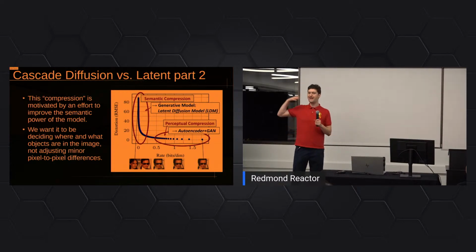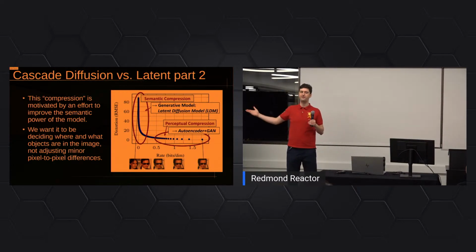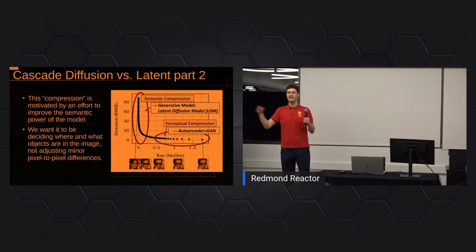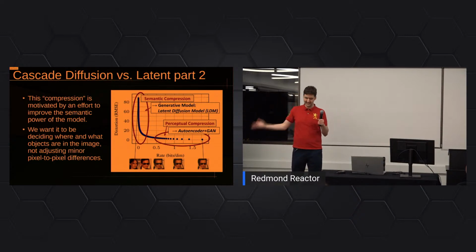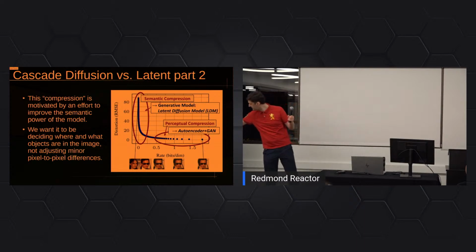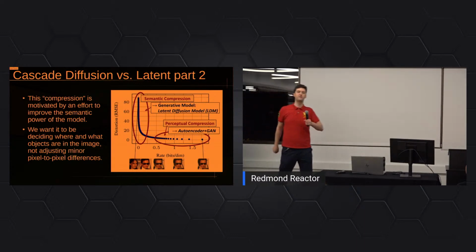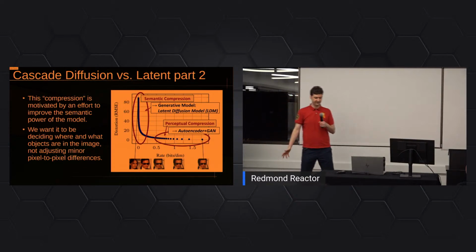We want it to map to these sorts of concepts rather than to just map to pixels and which pixels tend to be next to one another, because that sort of thing obviously isn't as interesting. So you can see here this graph represents the perceptual compression, which is just tiny little fiddling with the bits, versus the real semantic compression that completely twists everything around.